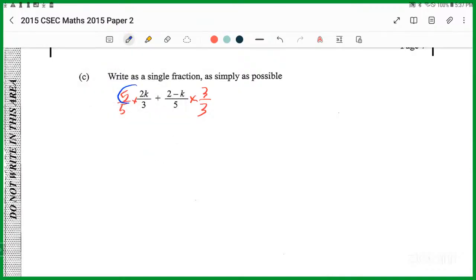So 5 times 2k is 10k over 5 times 3 under here is 15, plus then it's 3 times this 2 is 6, and 3 times minus k is minus 3k, all over this 5 times 3 under here is 15 as well.